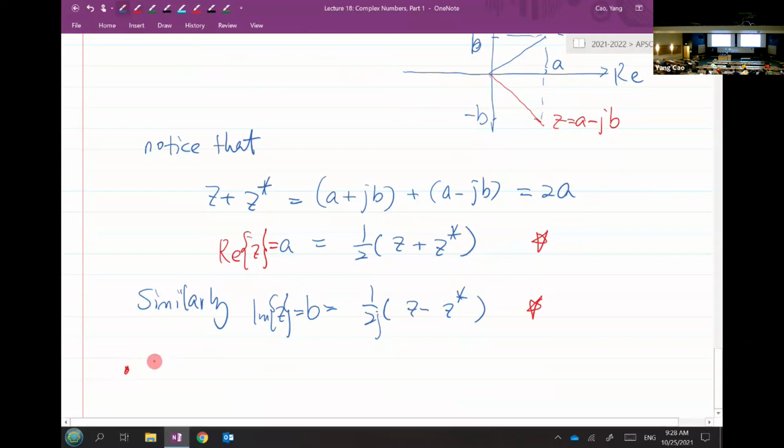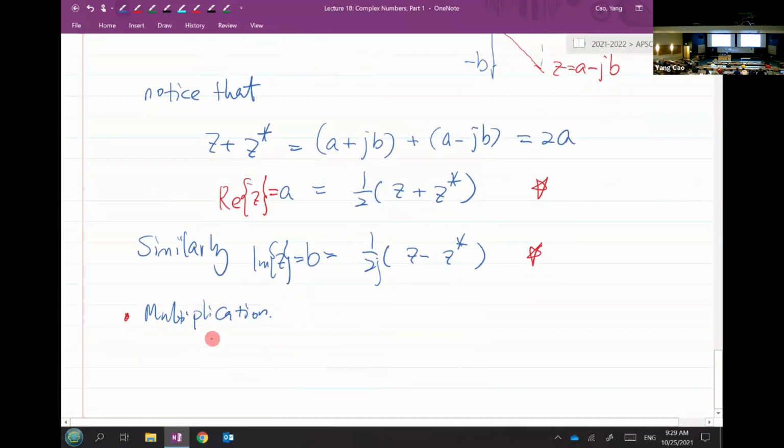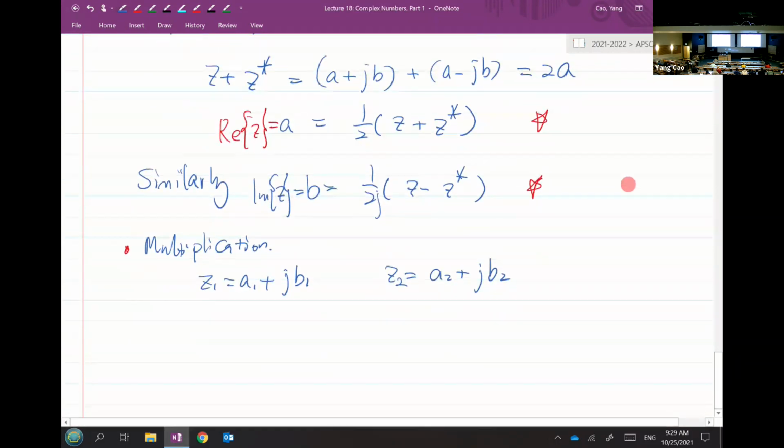The next one, let's look at the multiplication. How do we multiply two complex numbers? Unfortunately, this is not just a simple multiplication of two real numbers anymore, because it involves the imaginary parts.